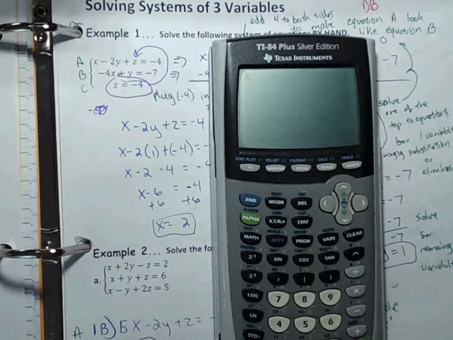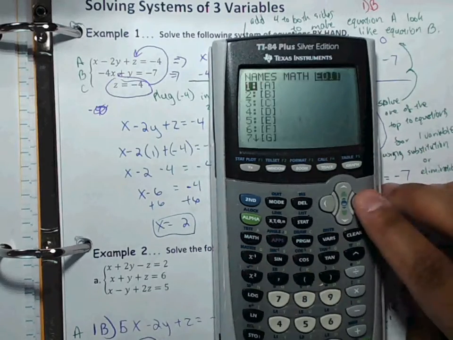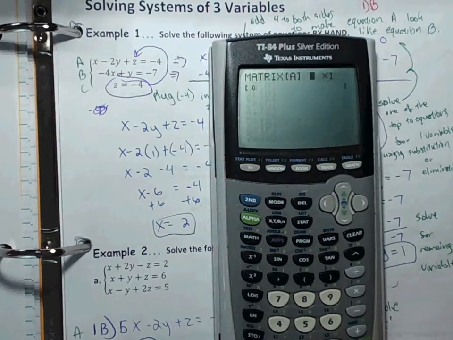All right, here we go, ladies and gentlemen. Let's try this using a system where we don't necessarily have values for everything. So we're going to do second matrix, and then we're going to go over to edit. And we still have a 3x4 matrix because we got to set up our matrix based on the size of the entire matrix.